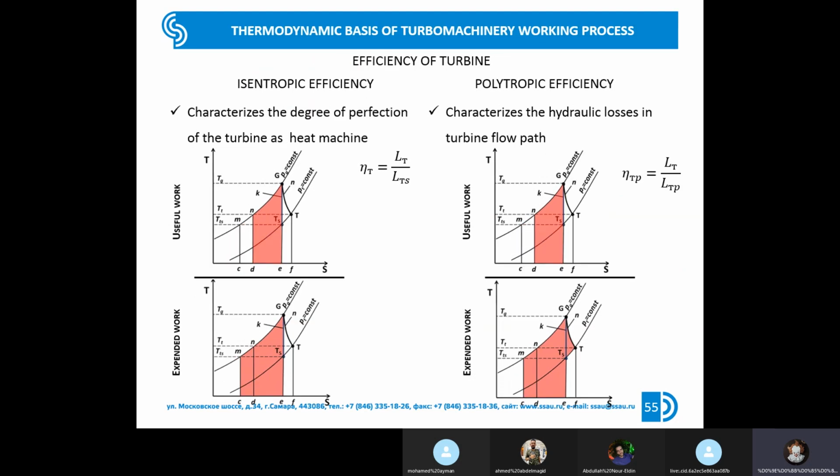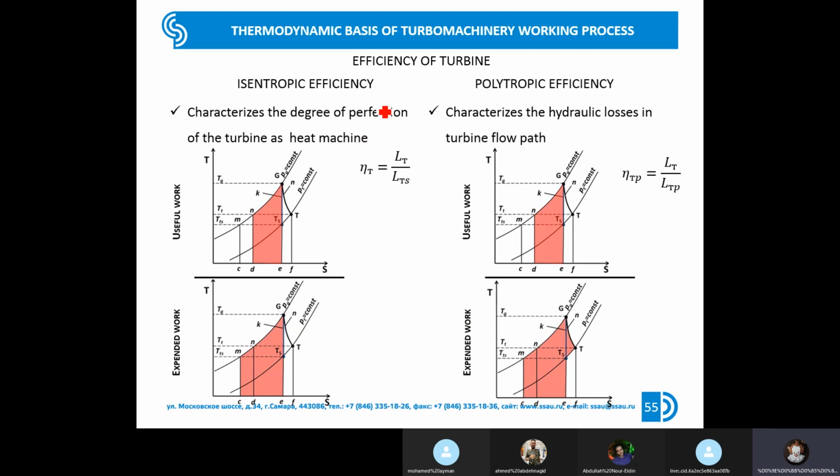So, the same approach applies for the turbine. The efficiency of the turbine is the relationship between the useful work and the work of the expansion process, and taking into account different energy of the expansion process, you could receive isentropic efficiency and polytropic efficiency.